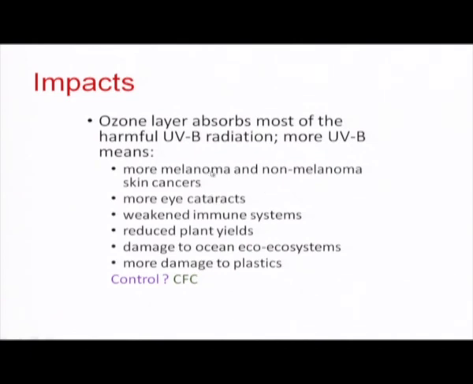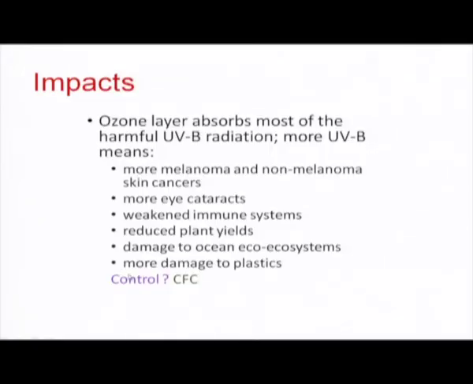At the same time, it also affects the plant kingdom, with reduced plant yield. If more UV light reaches, the normal plant yield is not achieved. Reduced plant yield is one of the problems, leading to agricultural loss. And not only the plant system, it even causes damage to the ocean ecosystem.